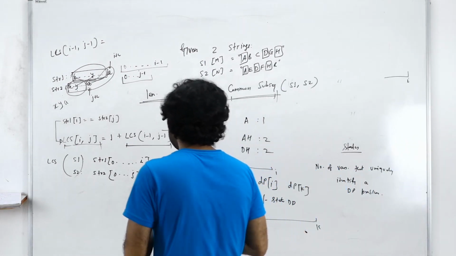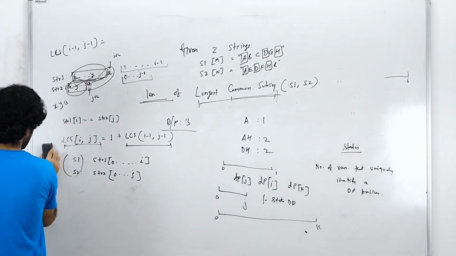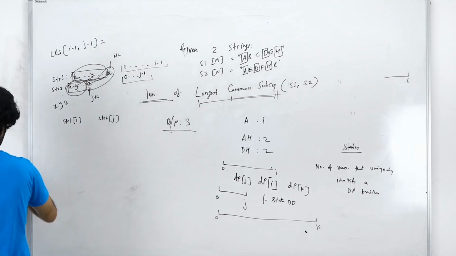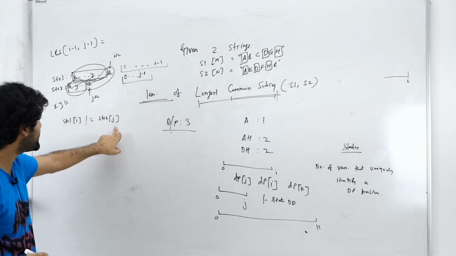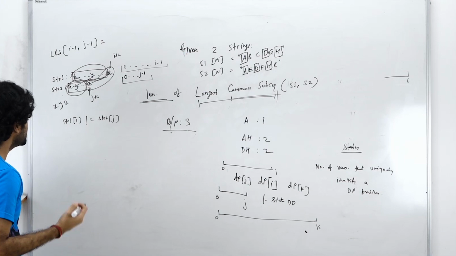But what if the last characters are not matching? If the last characters are not matching, I'll have something like this where string 1 at this index is not equal to string 2 at this index.